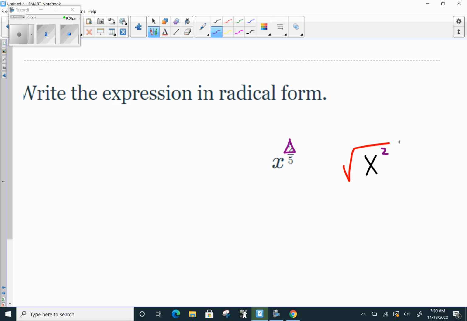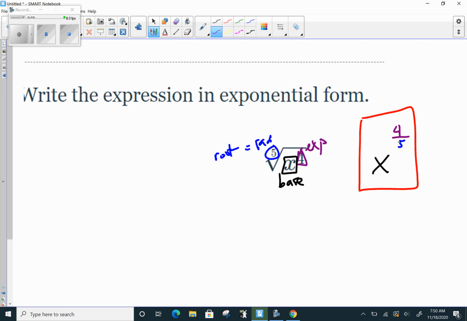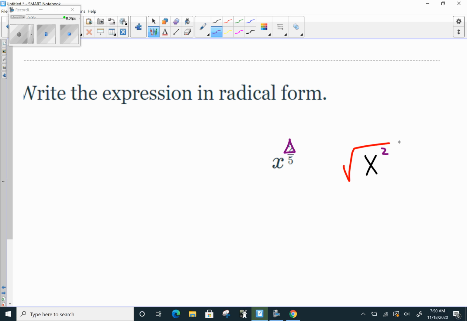The 5 is my radical, which I used blue for. So I put the radical, aka the root, and that little hook, whatever you want to call it. It's going to be the 5th root of x to the 2nd power.